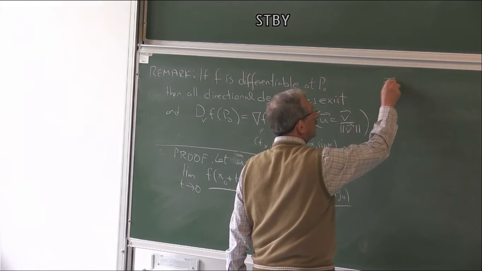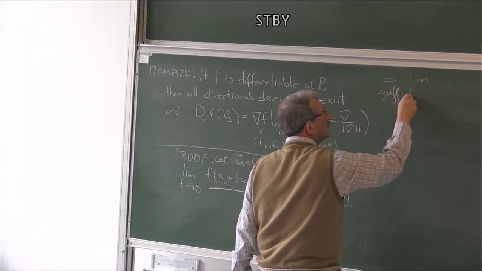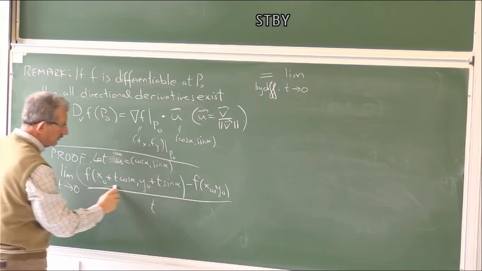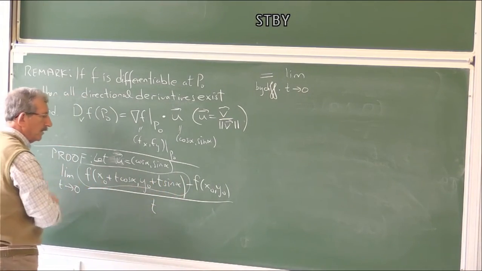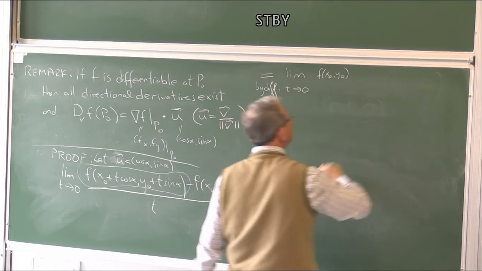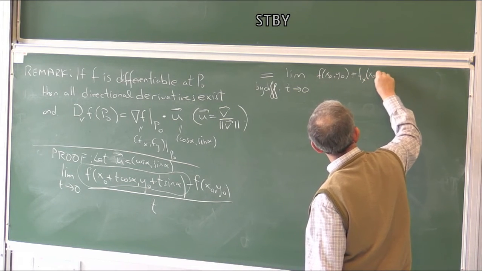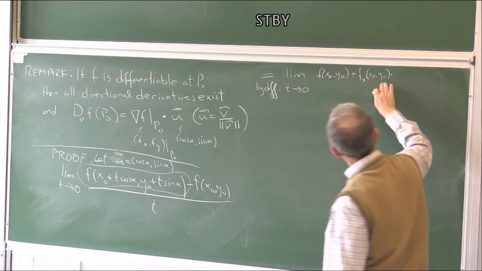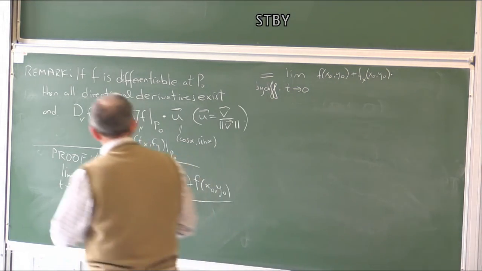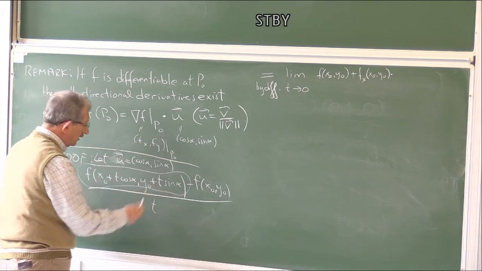Now, by differentiability, in this limit, I can write, instead of this expression, f of x0 y0 plus f sub x at x0 y0 times the difference in x's, that is delta x. Well, this is my x, this is my x0, so this is my delta x.